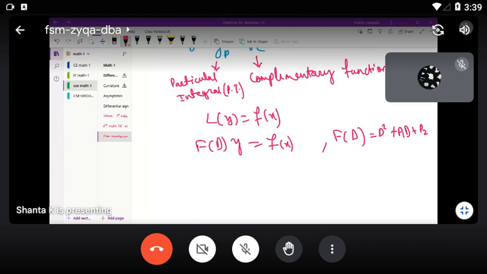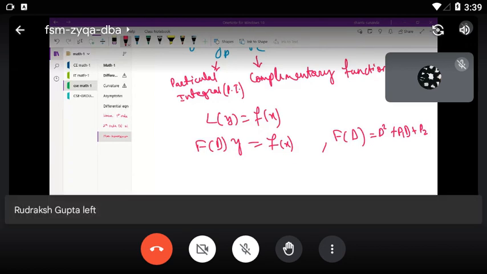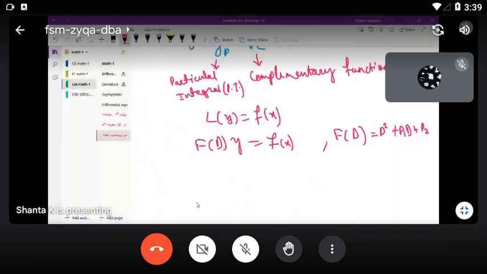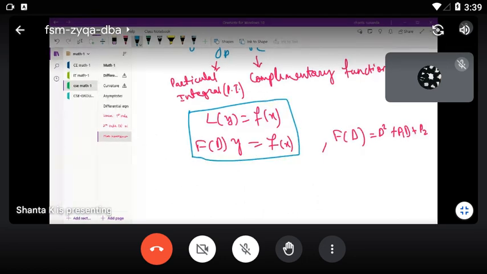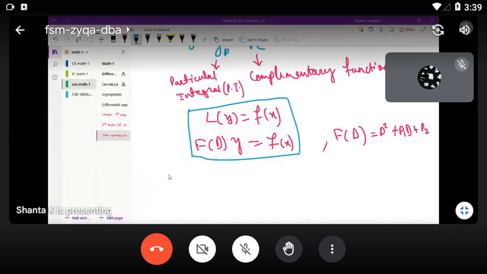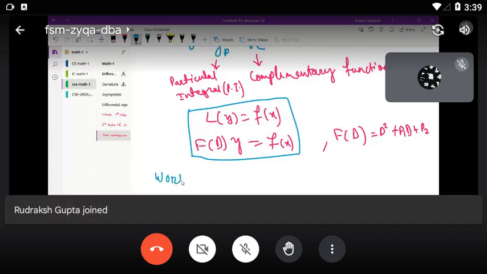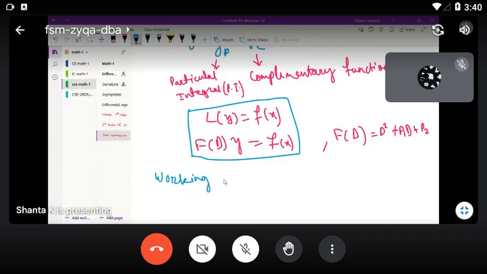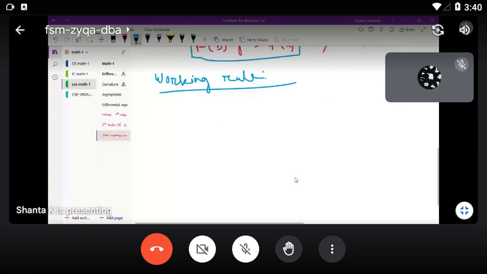Now some important results of the symbolic operations, some working rules. The derivation is also there; I'm not going to do that, but I will do it for only one.